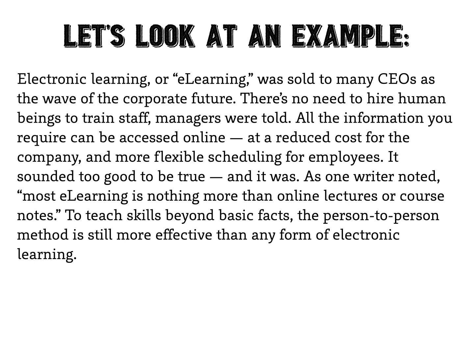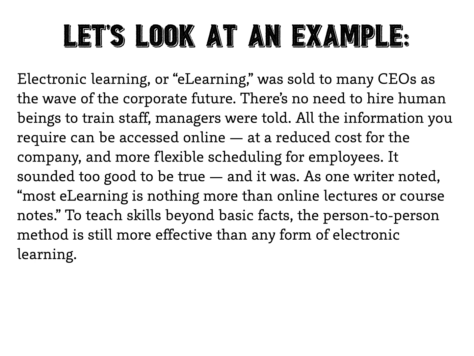All the information you require can be accessed online at a reduced cost for the company and more flexible scheduling for employees. It sounded too good to be true, and it was. As one writer noted, most e-learning is nothing more than online lectures or course notes. To teach facts beyond basic skills, the person-to-person method is still more effective than any form of electronic learning.